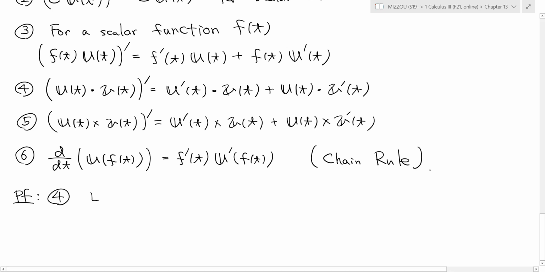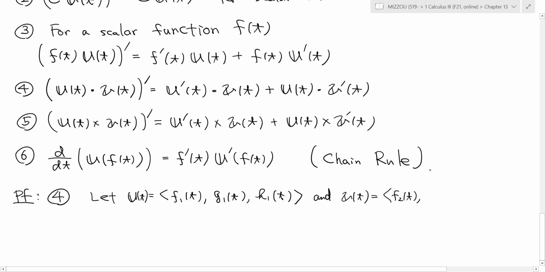So let u of t be f1(t), g1(t), and h1(t), and v of t be f2(t), g2(t), and h2(t).